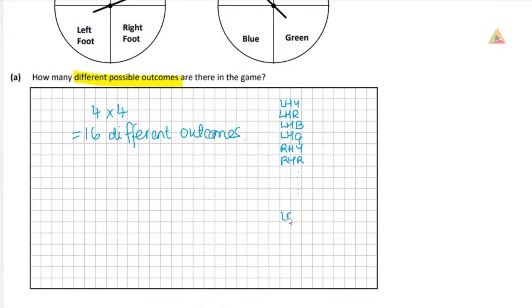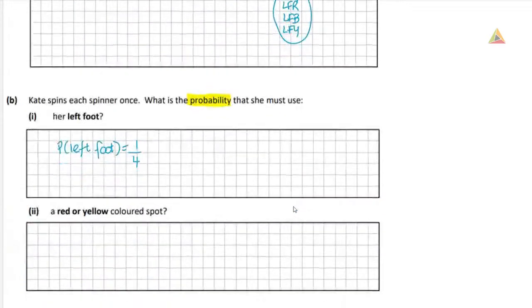We would have had left foot green, left foot red, left foot blue, and left foot yellow. And we would see that 4 out of the 16 different outcomes were going to be left foot. When we put 4 out of 16 into our calculator, it tidies up to give 1/4.